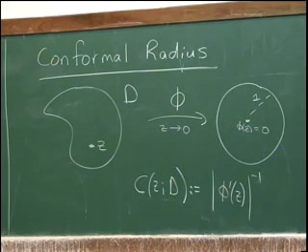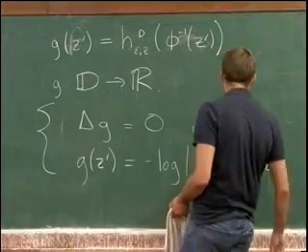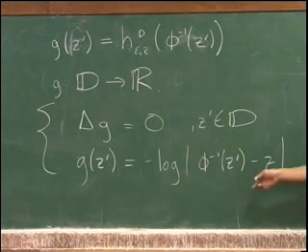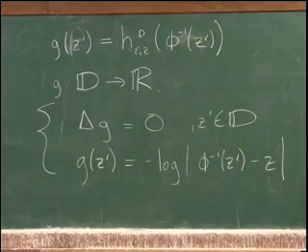It's the push forward or pull back of the boundary data over there. So it's going to be minus log of phi inverse Z prime minus Z. Sorry if that's a bit confusing, but hopefully we can follow.